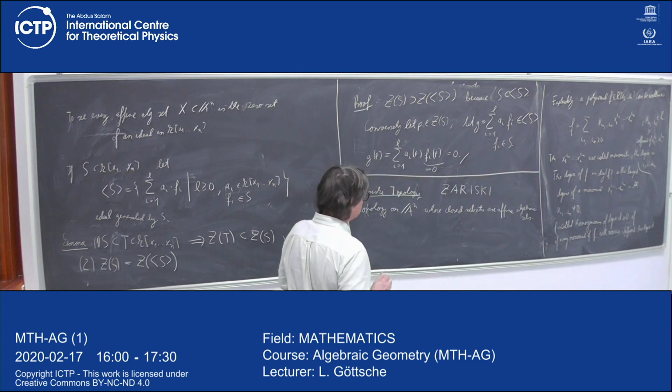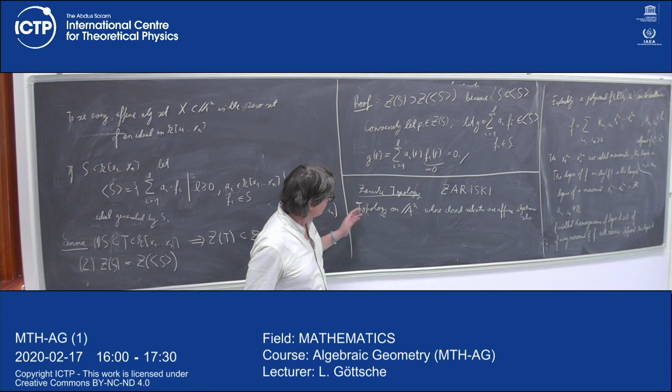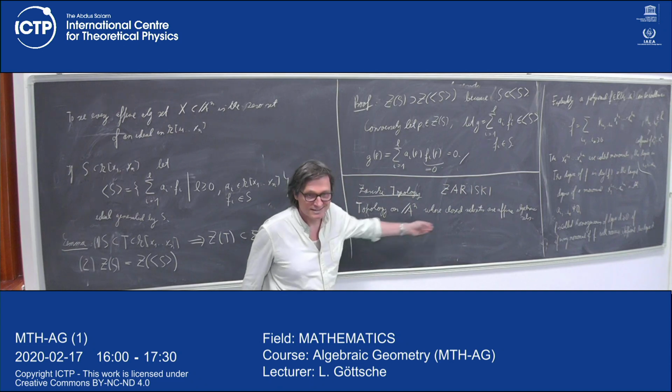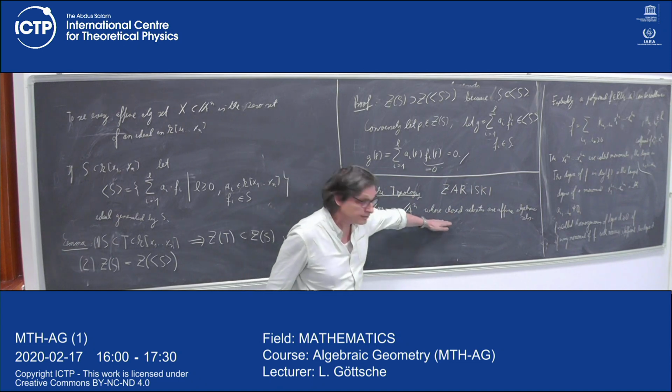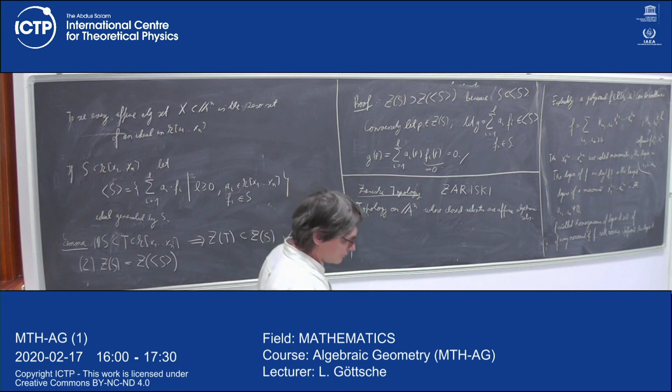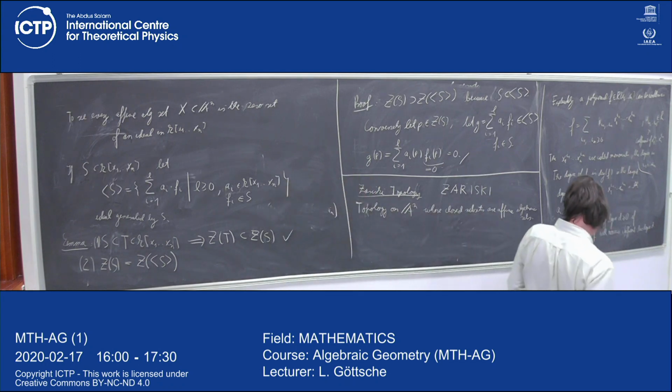In order to talk about this, we have to make sure that such a topology exists, that this kind of description defines a topology. And this is contained in the following proposition.